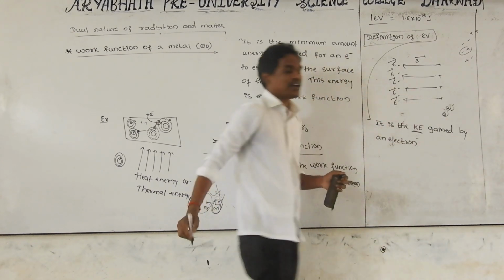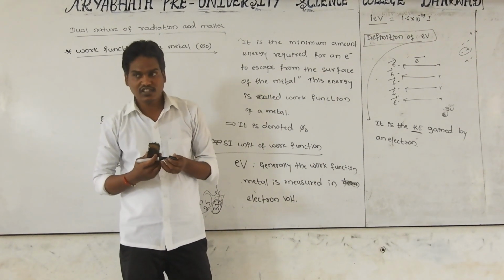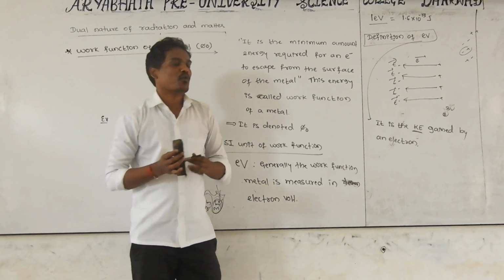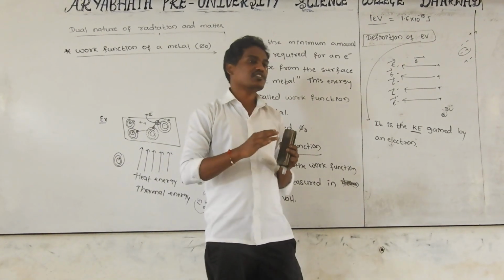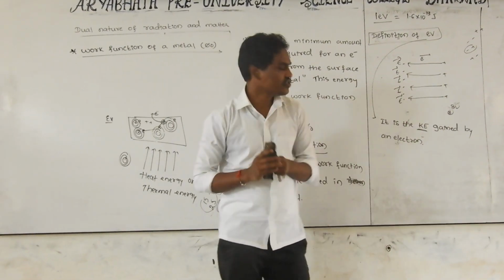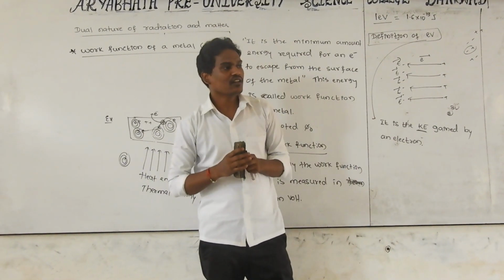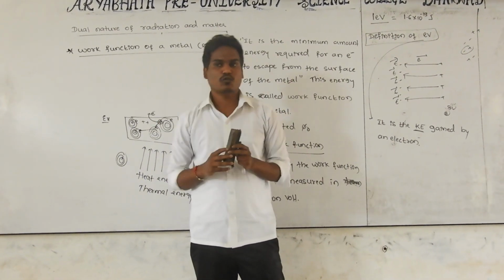What is the meaning of kinetic energy? When is the electron possessing kinetic energy? As you know very well, potential energy is the energy possessed whenever the particle is at rest, and kinetic energy is the energy possessed by the particle whenever the particle is in motion.